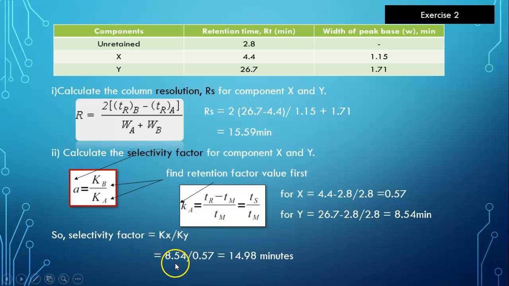If you do it like this, you will get the wrong answer. The true formula is ky over kx. We substitute ky, which is 8.54, divided by kx, which is 0.57, and you will get 14.898.